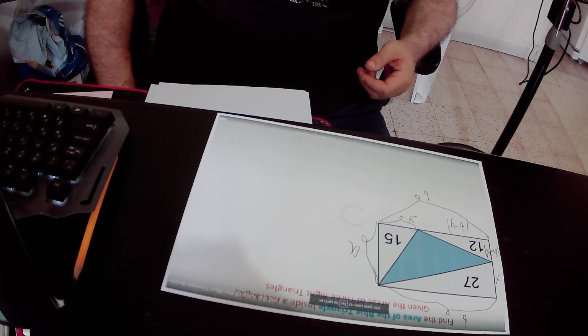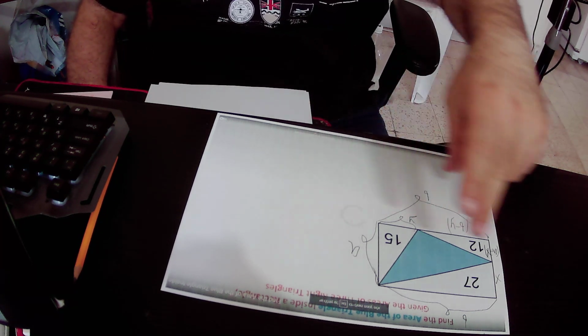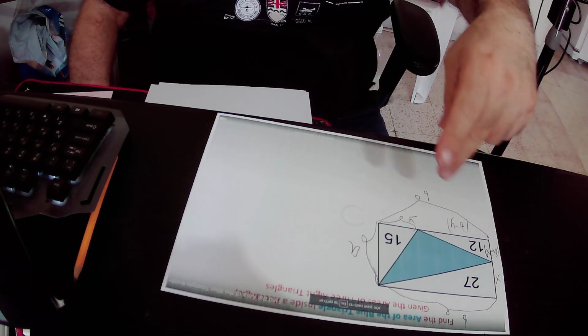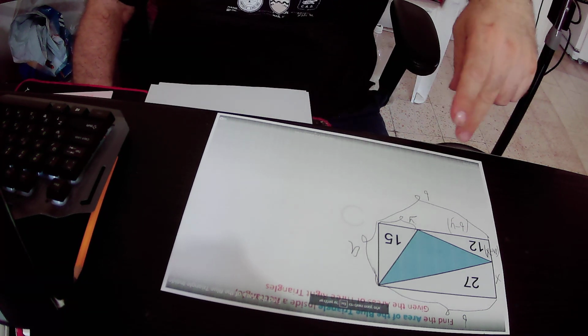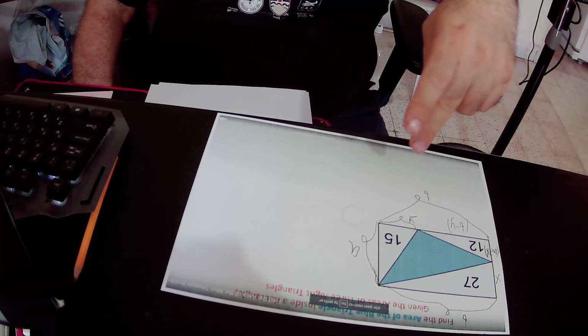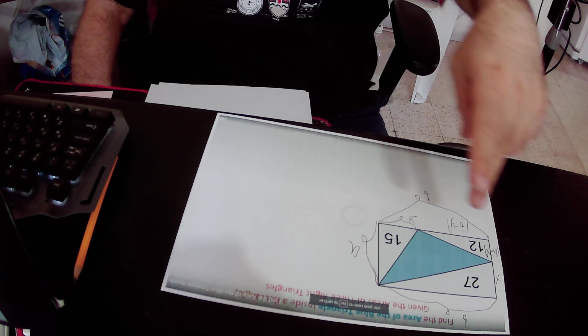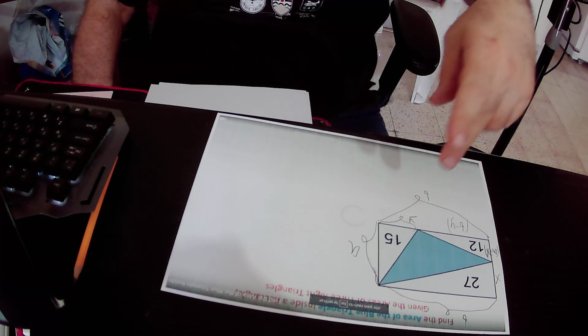The second answer of 18 units is impossible, because the rectangle contains three right triangles, and the sum of the areas of those three right triangles equals 54 units.